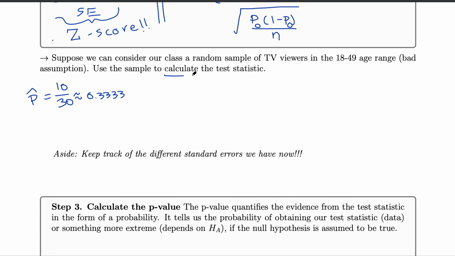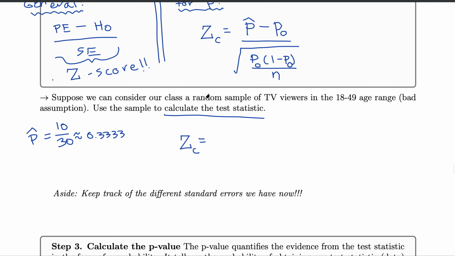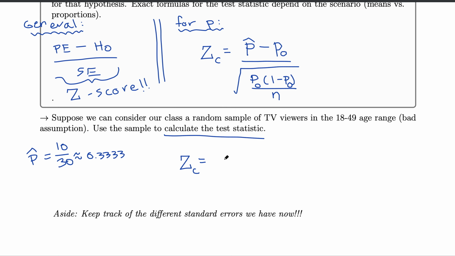So to calculate our test statistic, I'm going to call this z-calc. You have the formula up above to remind yourself here. So the data or the evidence that we collected is 0.33 repeating. I'm going to see how far my data is from the null hypothesis. So we looked a moment ago on the previous page, H naught, the null hypothesis, our initial assumption is that 11% watch this show.